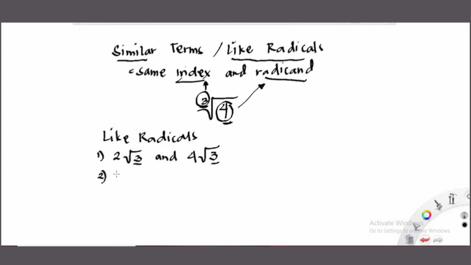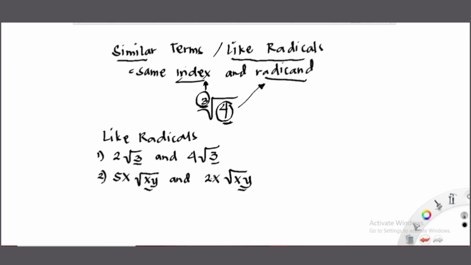Another one. If we have 5x square root of xy and the other radical which is 2x square root of xy. Pareho sila ng index, which is 2 because this is a square root, and the radicand we have is xy. So, these two are similar radicals. We don't care kung magkaiba man yung numbers na nasa labas. We have here 5x and 2x. Okay lang po yan.